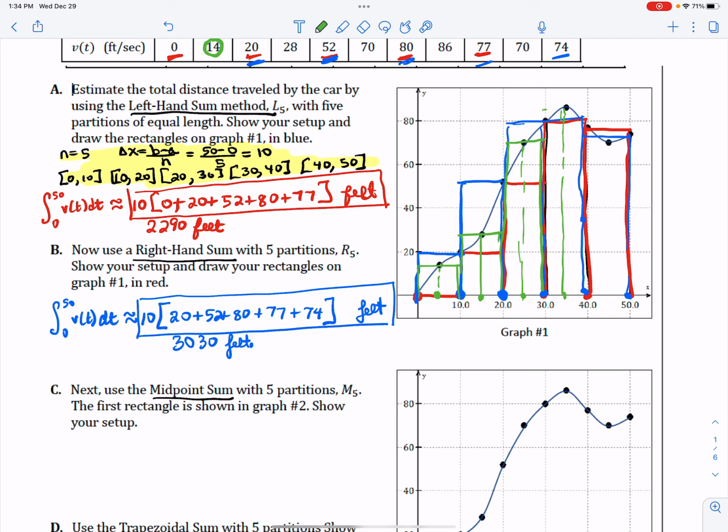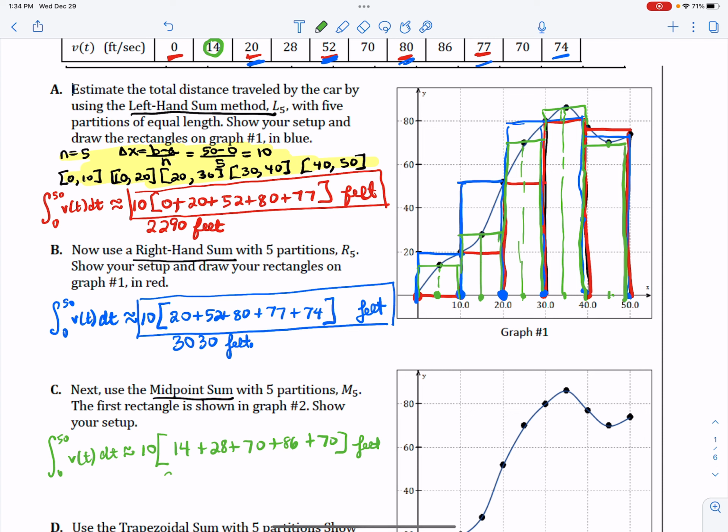Notice that the marks are already there for you in black. And then 45. So here's 45. Okay, so for midpoint RAM, the definite integral from 0 to 50 of the velocity is approximately equal to 10 times 14 plus 28 plus 70 plus 86 plus 70 feet.